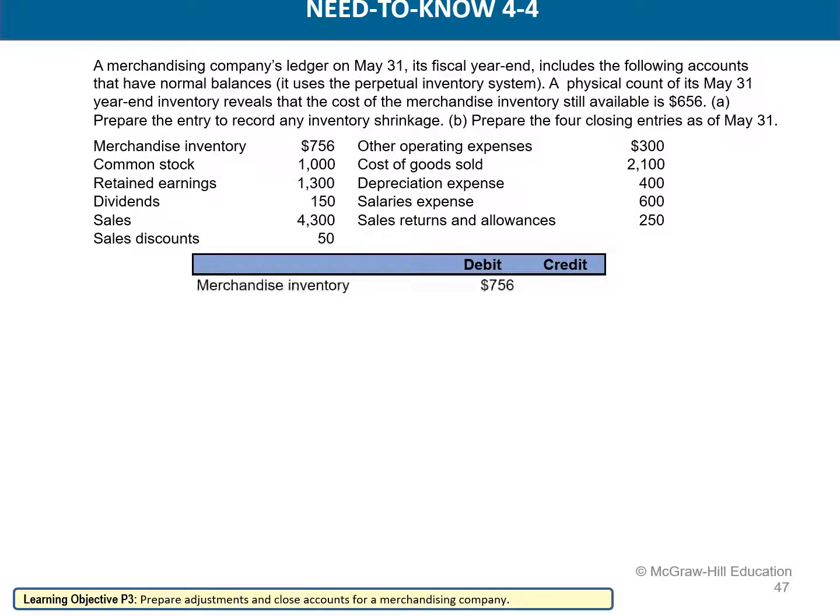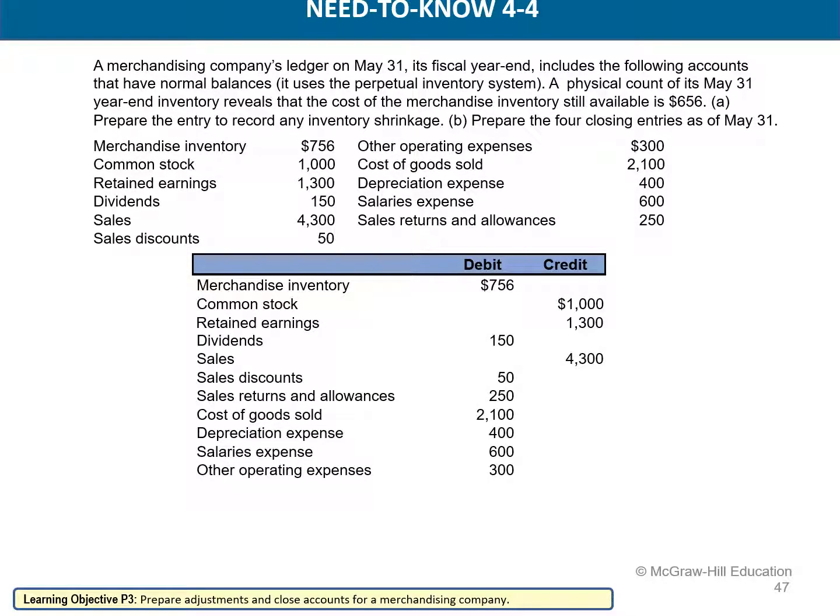So we put all of our accounts in trial balance form. You've got your inventory, which has a debit balance. Common stock and retained earnings have credit balances. Dividends debit, sales credit, and then all of your expenses and your contra revenue accounts have debit balances. Okay?